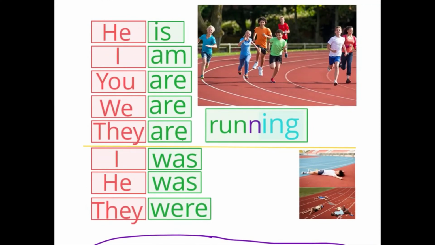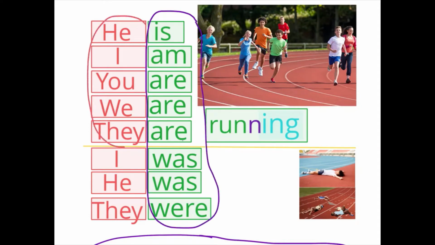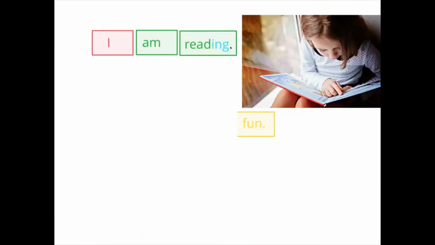And we choose our verb to be here by looking at who is the subject, is it one or more than one, and is the action taking place right now or is it all finished? In this sentence, we can see that our subject is I, so our verb to be is am, our action verb is read, and we added ing.